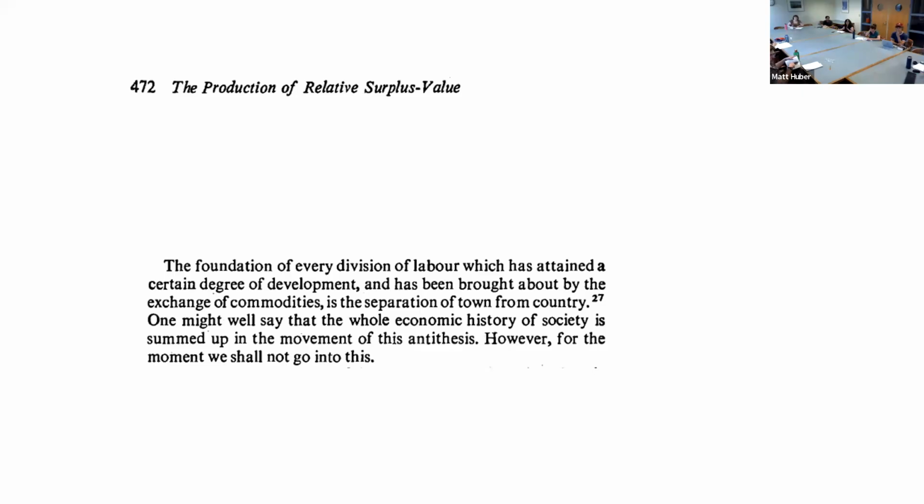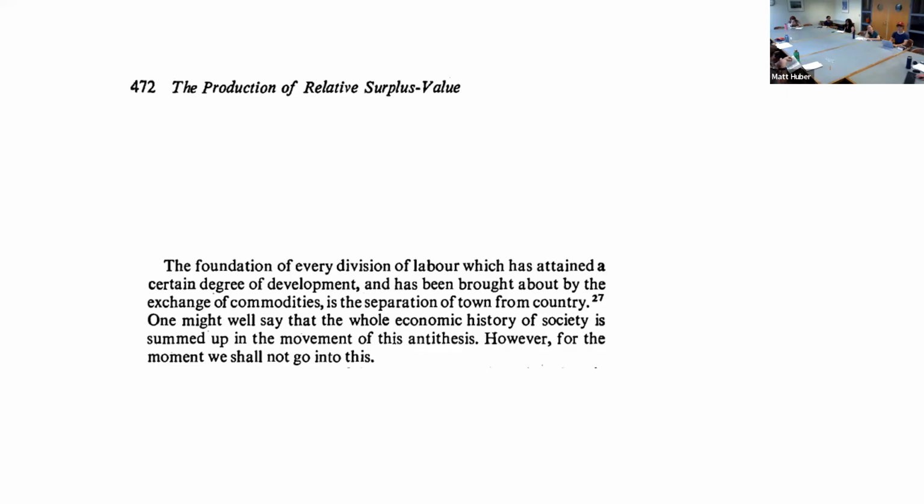We're talking about how cities ultimately rely on this hinterland of rural production to provision the cities in this interconnected relationship. One might well say that the whole economic history of society is summed up in the movement of this antithesis. However, for the moment, we shall not go into this. Sucks. Why not? Anyway.